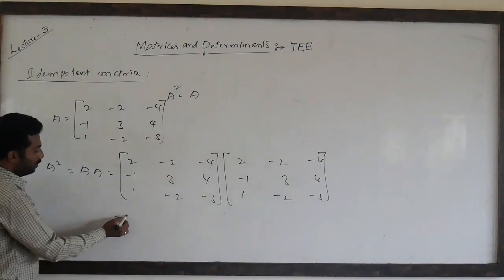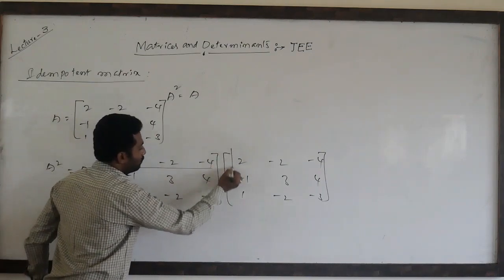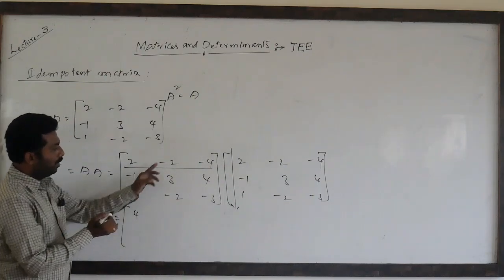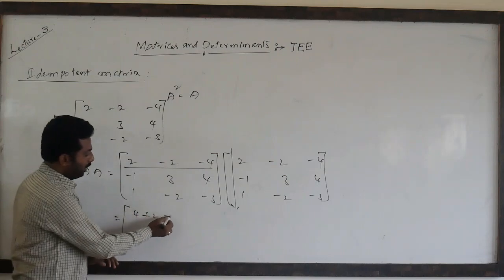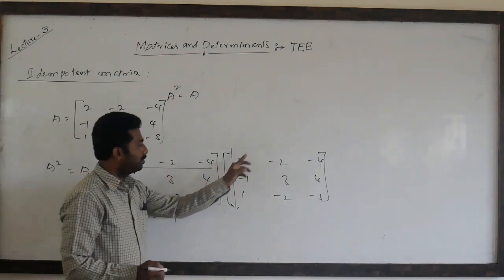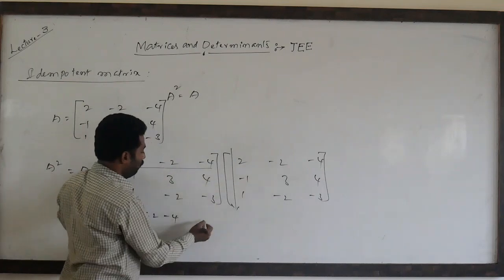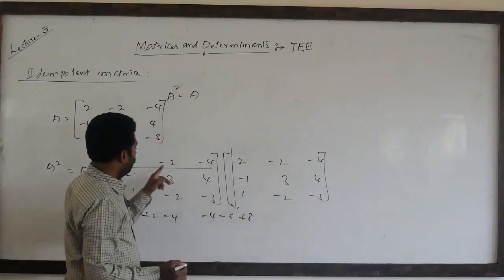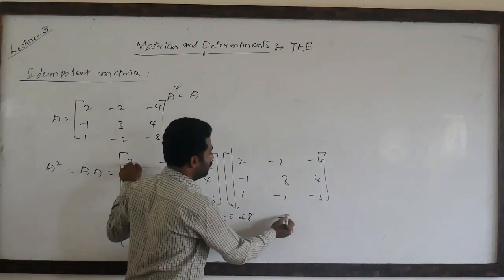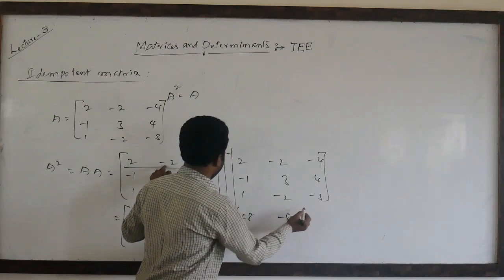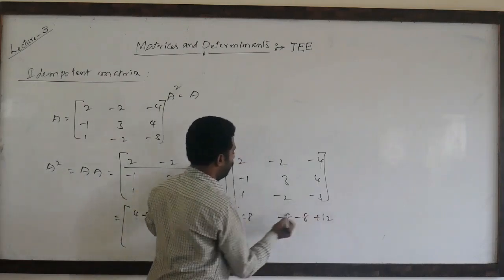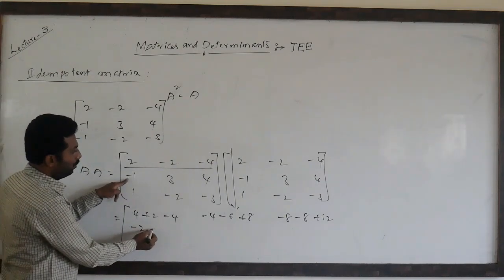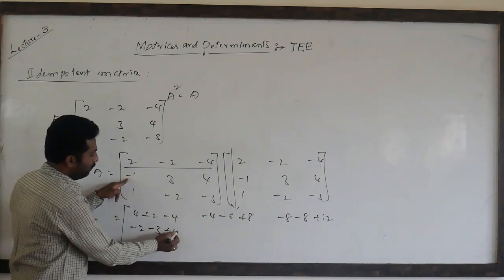Just to simplify this, first row with the corresponding elements of the first column: 2 into 2 is 4, plus 2, minus 4. First row, second column: 2 into minus 2 is minus 4, minus 6, plus 8. First row, third column: minus 8, minus 8, plus 12. Second row, first column: minus 2, minus 3, plus 4.